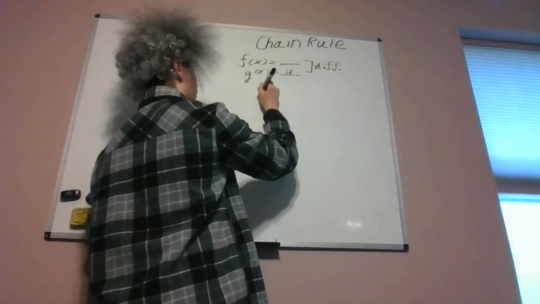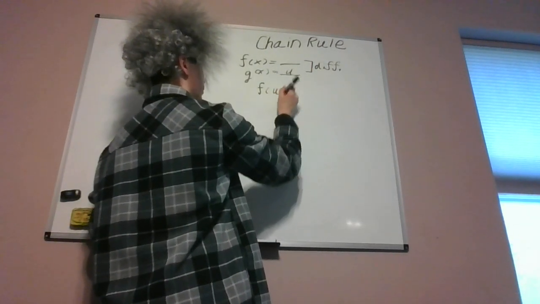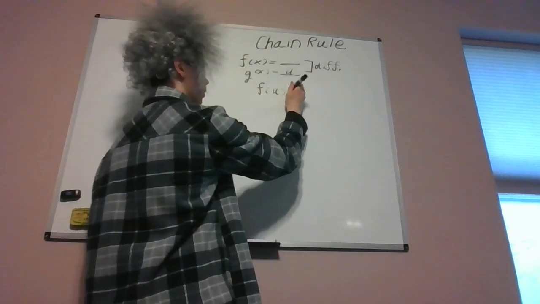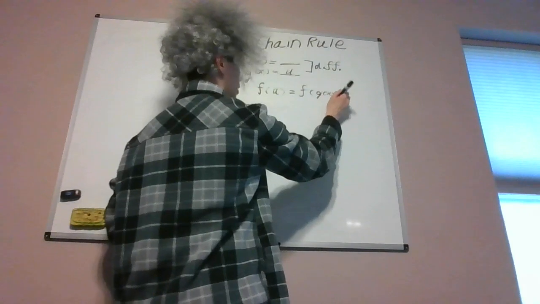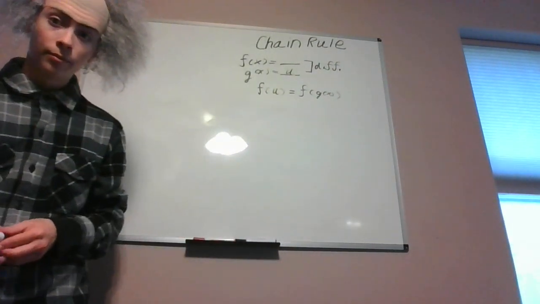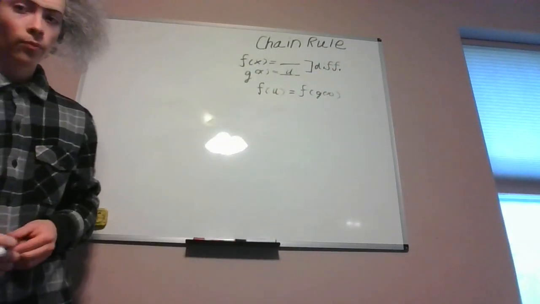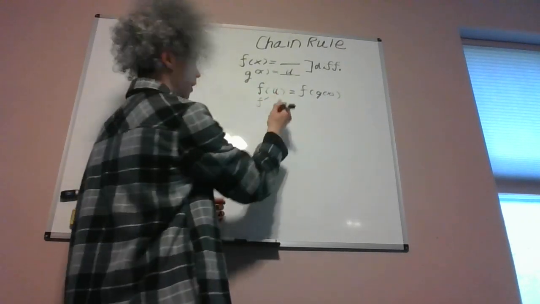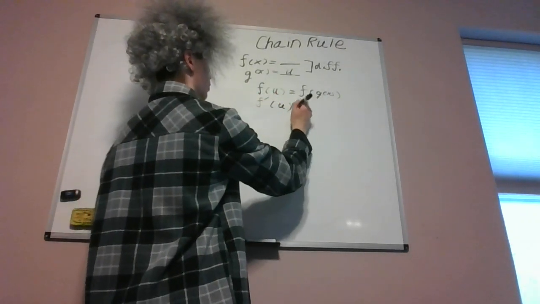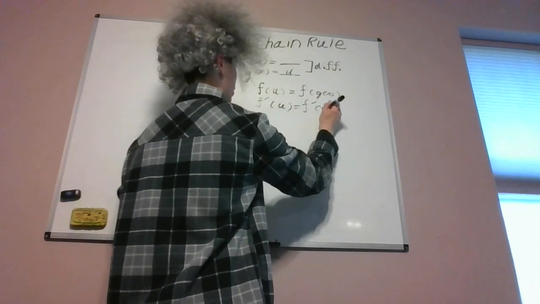But what if we have a function of f of u, which is also equal to f of g of x? So we have a composition there. Now, what happens if we do f prime of u, which is equal to f prime of g of x?